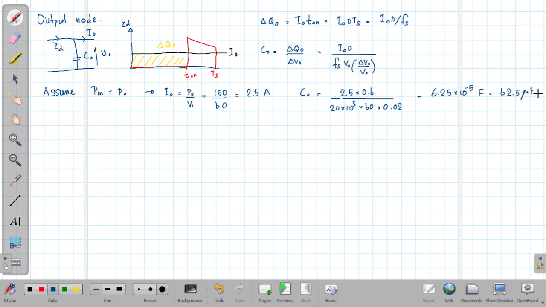So that would be the output capacitance of the converter.